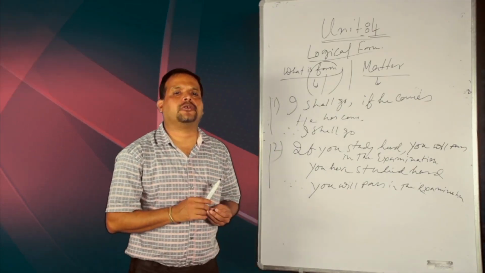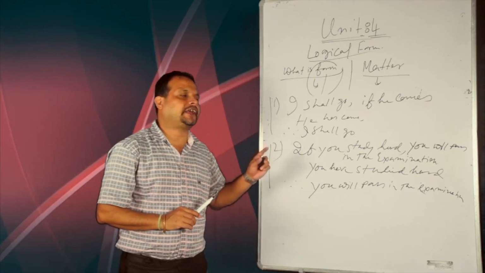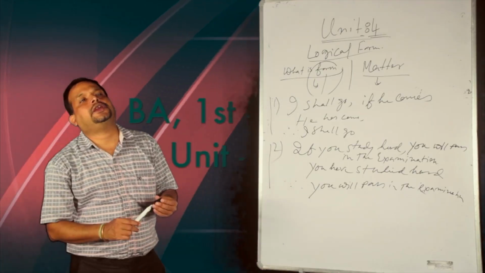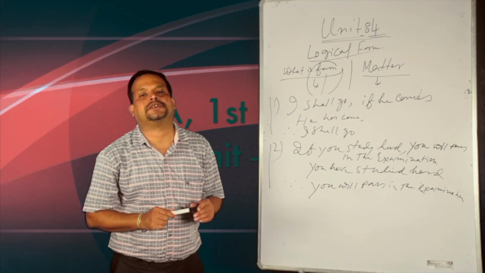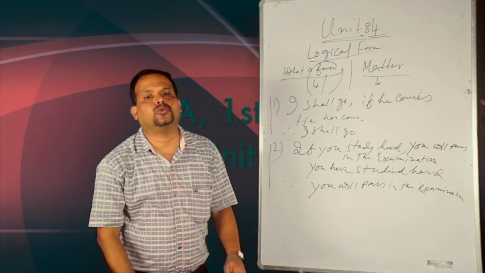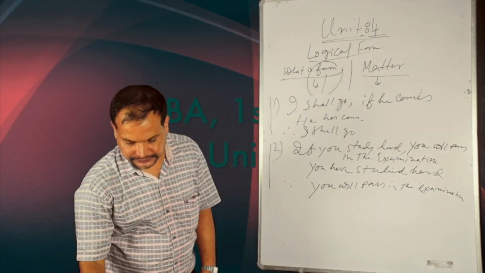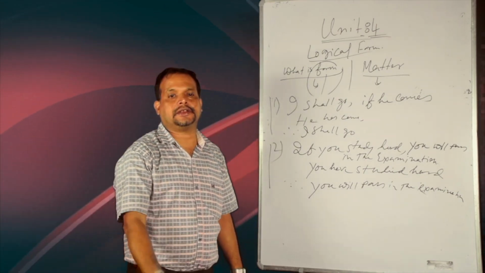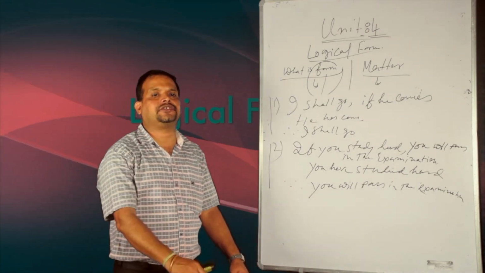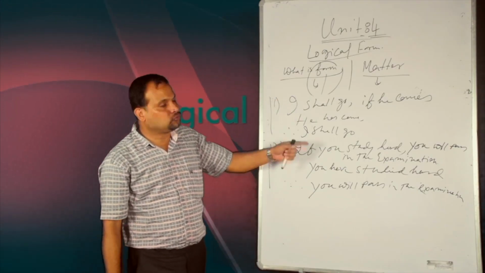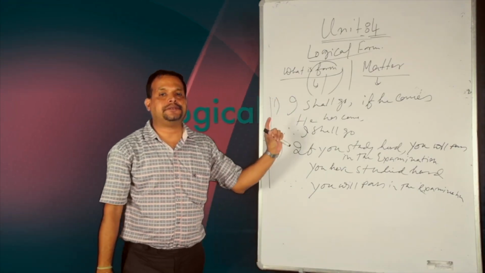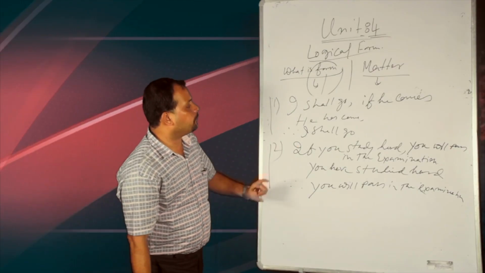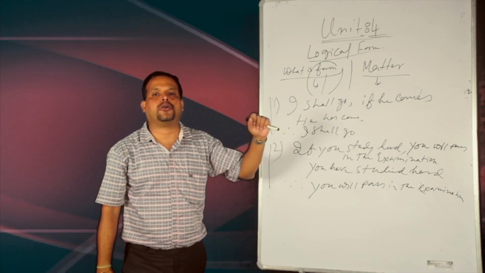In case of an argument, form is expressed in the way in which the constituent propositions are arranged to make the argument. Dear learners, you see, the two arguments have different subject matter but have the same form.